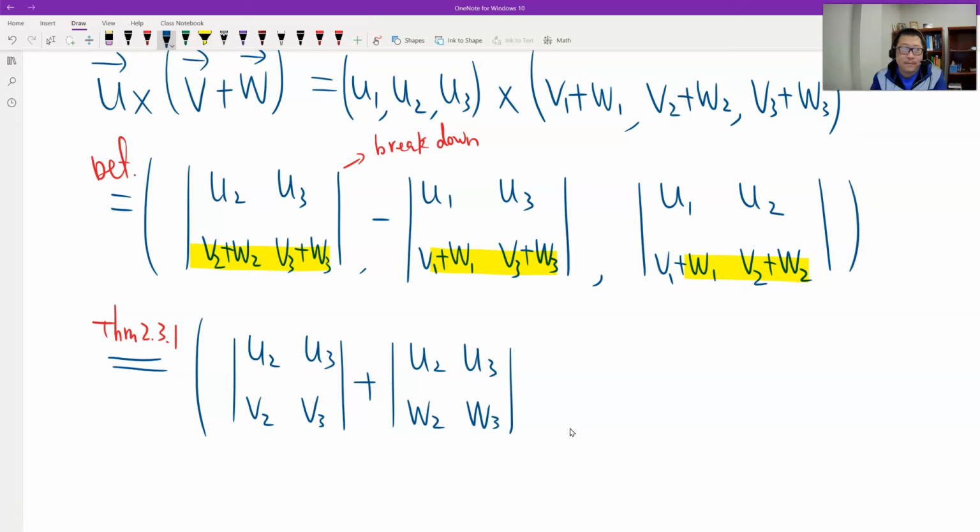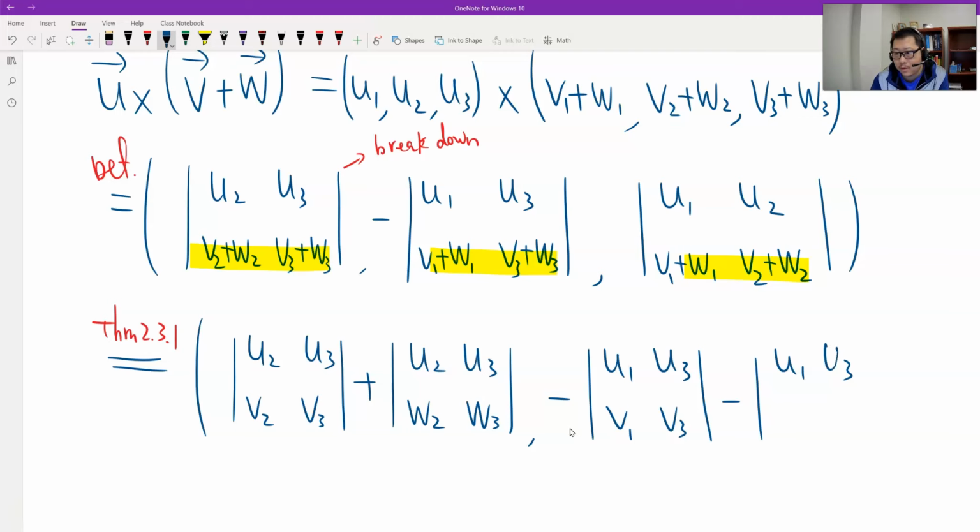So we can break it down. Okay, so the same for the other two terms. You can see this break down: the negative U1, U3, V1, V3, then plus the negative, which is a minus, U1, U3, W1, W3.